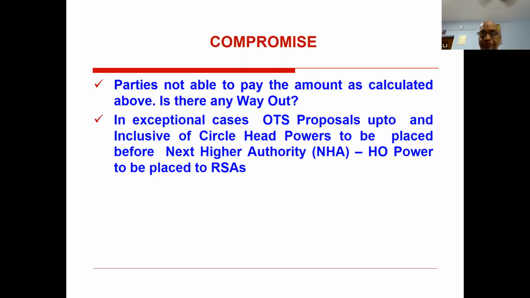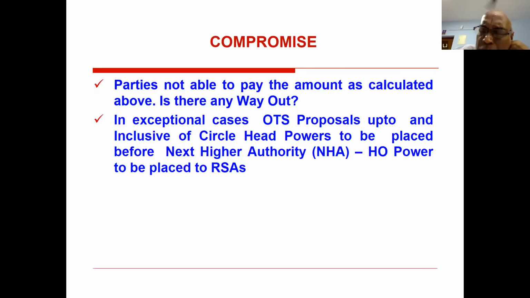In exceptional cases, OTS proposals up to and inclusive of circle head powers are to be placed before the next higher authority. NHA stands for next higher authority. So suppose the OTS proposal falls within RO power, or within CO power. All those OTS proposals, where originally as per the formula he has to pay, but he says he will not pay that much and wants further reduction.